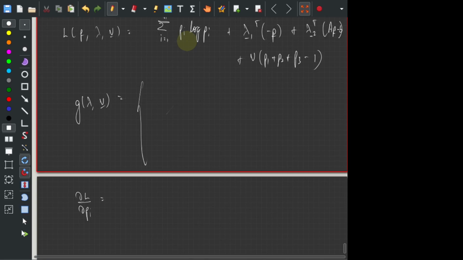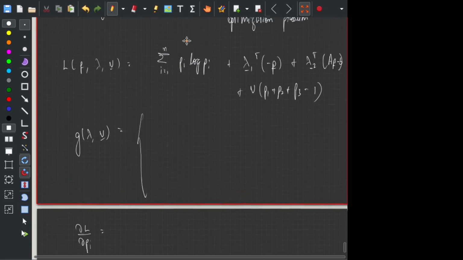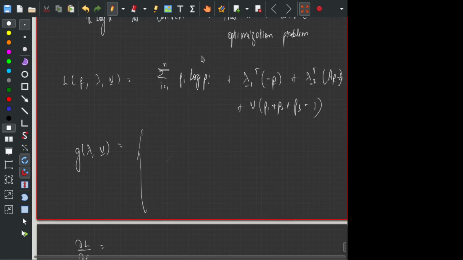It's not monotonically increasing in the pi, right? So whatever happens, it's always bounded. If you fix a maximum value for all the pi's, this function is going to be bounded from below. It doesn't tend to minus infinity as the pi's tend to infinity.